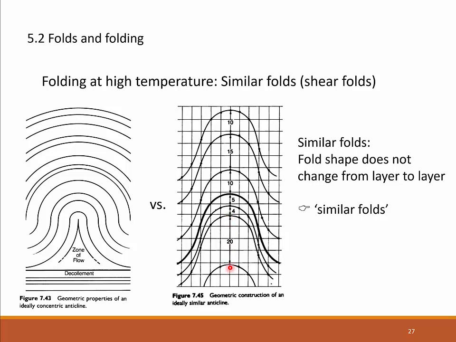We find layers of different thickness, but if two layers have the same thickness, like this layer here that has a hinge thickness of 10 units, whatever they may be, we see that this layer and that layer are identical. You could cut out this layer, move it upwards, it would match perfectly the layer up here.